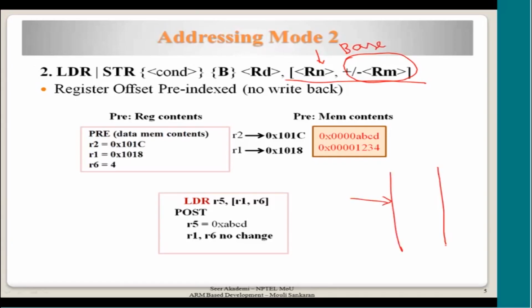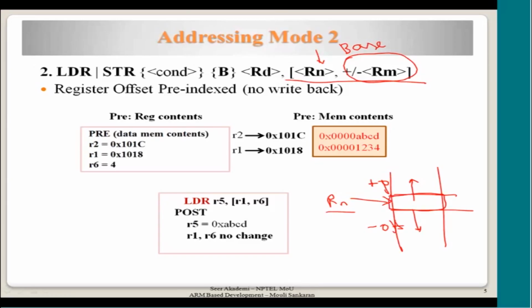The base register Rn is pointing at one location here, and with respect to this, you can go up by adding an offset, or you can subtract some offset and access some locations which are below it. That is why Rn is called a base, because you are accessing based on this address. You are trying to access different locations around it.